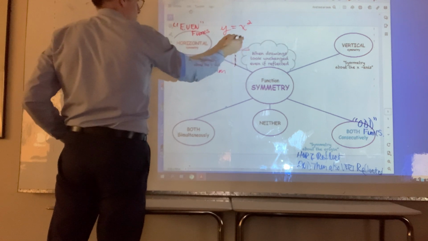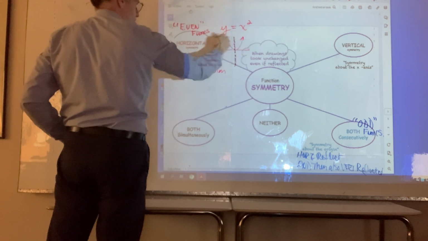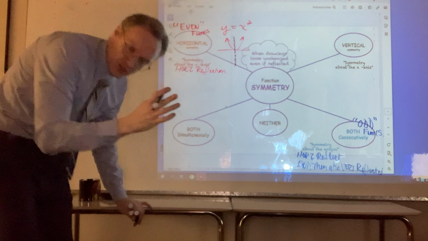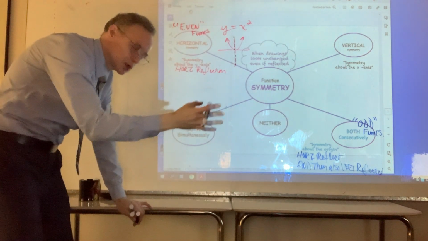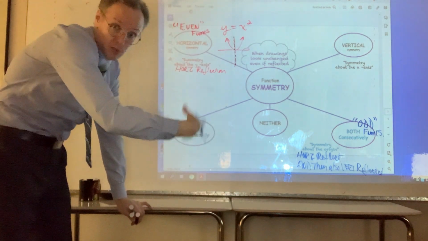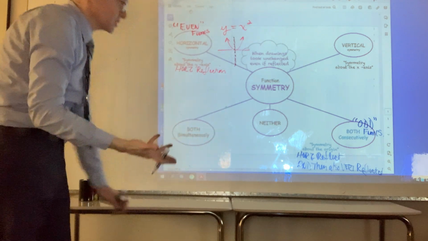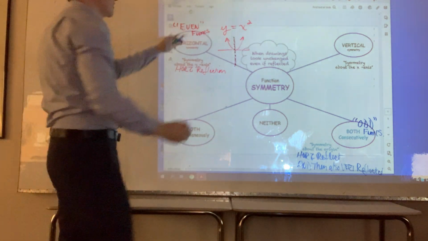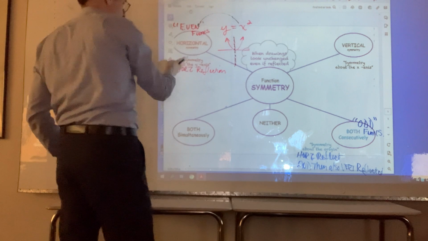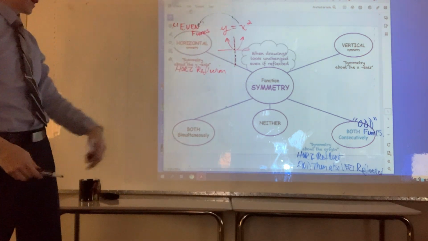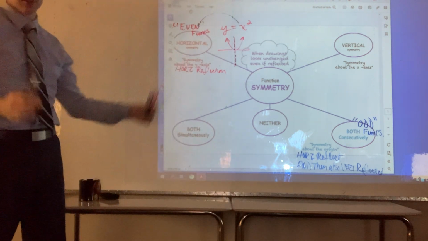If you were to spin something this way, backwards and forwards, it would be indistinguishable before and after the reflection, or before and after the transformation, if you prefer to say it that way. That's an example of an even function, exhibits horizontal symmetry or symmetry about the y-axis, horizontally reflected. It's all the same difference.